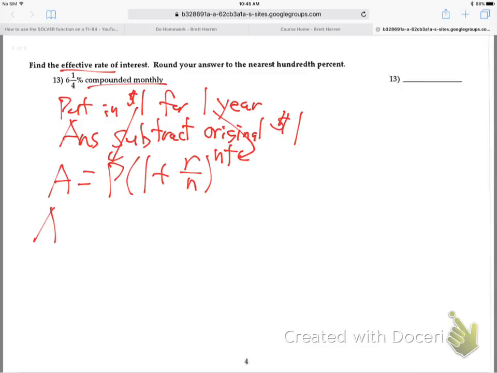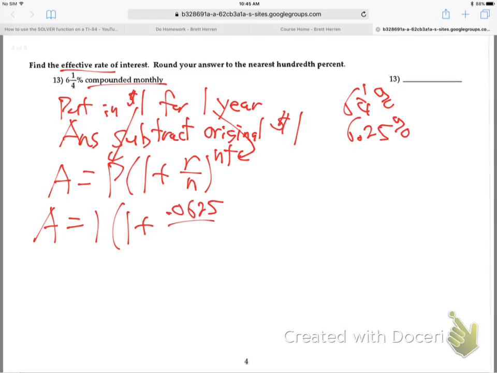So the amount is going to be 1 times (1 + the interest rate). The rate is 6 1/4%, which is 6.25, right? A quarter is 0.25. Change that to a decimal, 0.0625. We good there? Over n. n is monthly, so 12, to the 12 times 1 year.